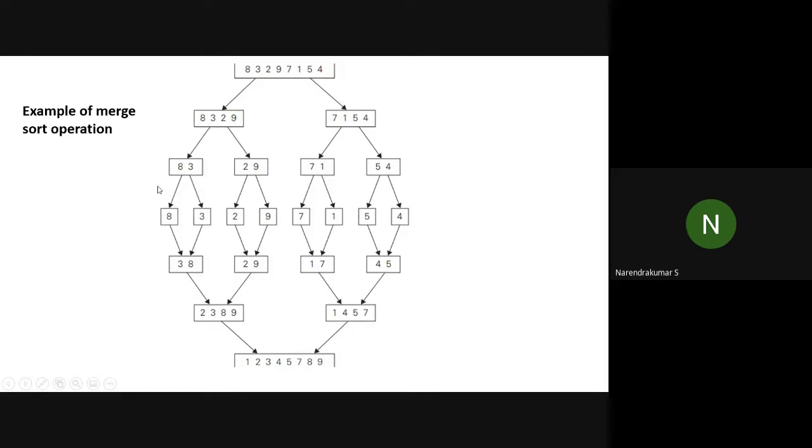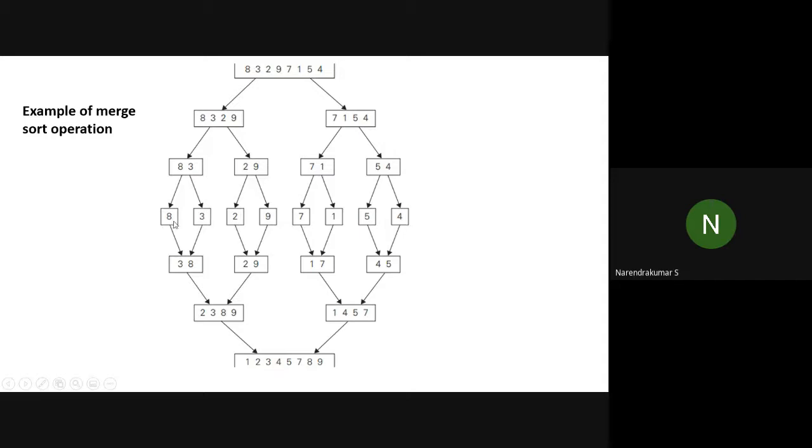It's divided until you get single-element problems. From here till here is a stage said to be dividing, and after this, the stages you can see are said to be combining. That is what we call merge. While merging, it will be merged in a sorted manner.